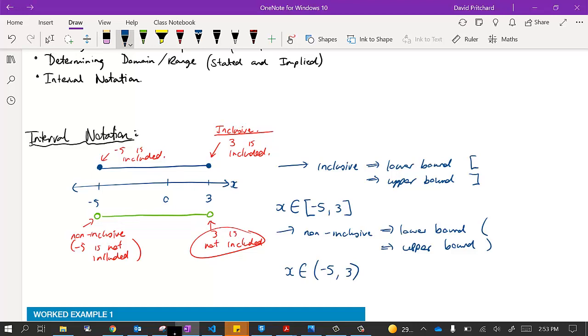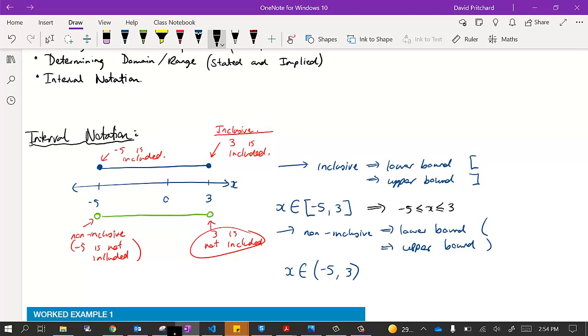Okay, so that's basically it. We just have to make sure that whatever the variable is, we state that at the start, is an element of, and then we use either our square brackets or our round brackets, depending on whether it's inclusive or not. I should also say that there are other symbols that say the same thing. We could also write this as -5 is less than or equal to x is less than or equal to 3.